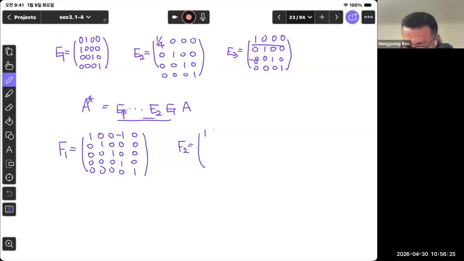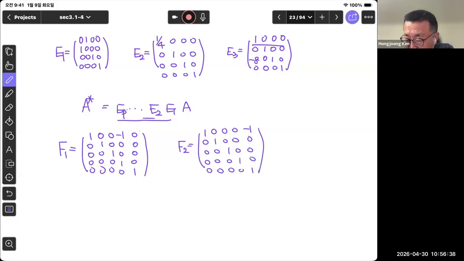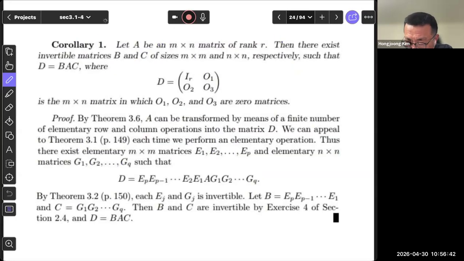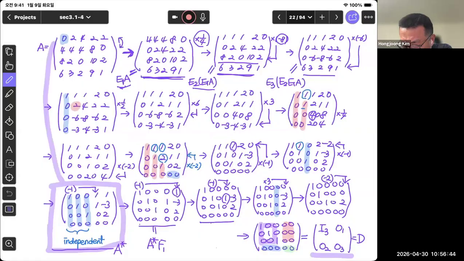That will be 1, 0, 0, 0, negative 1, 0, 1, 0, 0, 0, 0, 0, 1, 0, 0, 0, 0, 0, 1, 0, and this one. Then for this F2, this one is the previous matrix, A star F1 multiplied by F2 will be this guy.